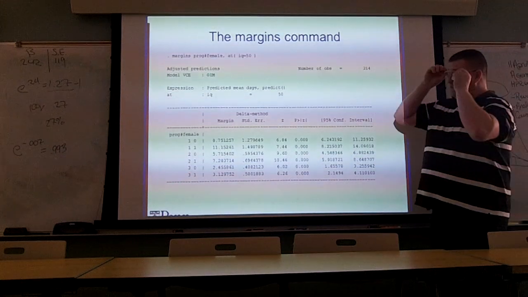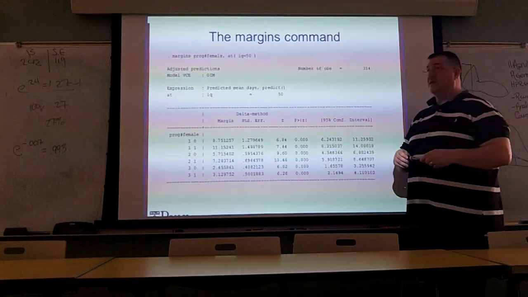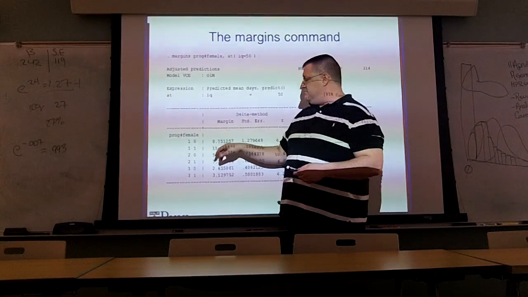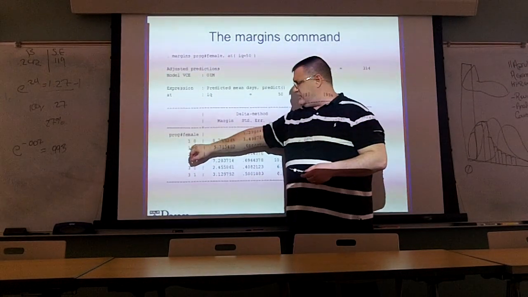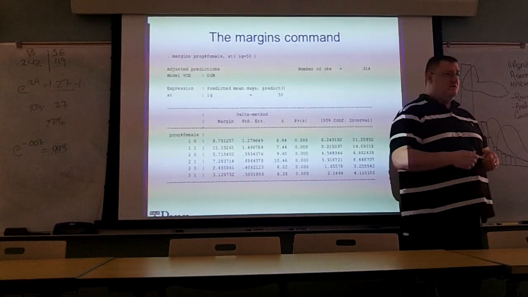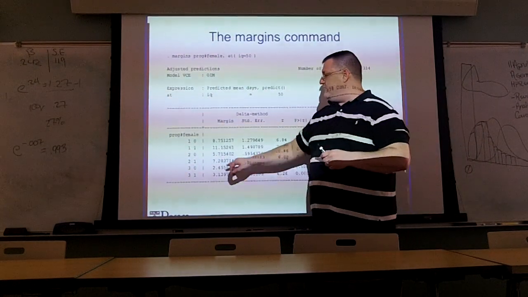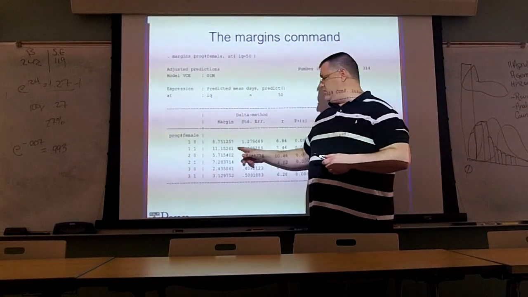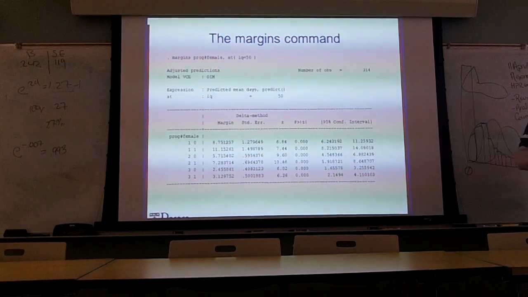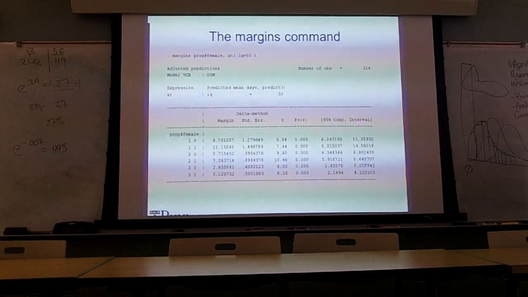So program 1, I think, was the general program. The expected number of days missed for a male in the general program is 8.7 days. The expected number of days missed for a female in the general program is 11 days. Make sense? That's how we do this.